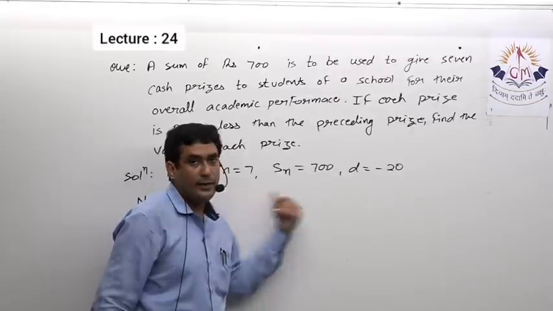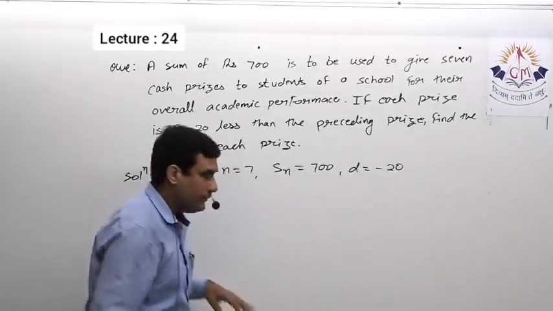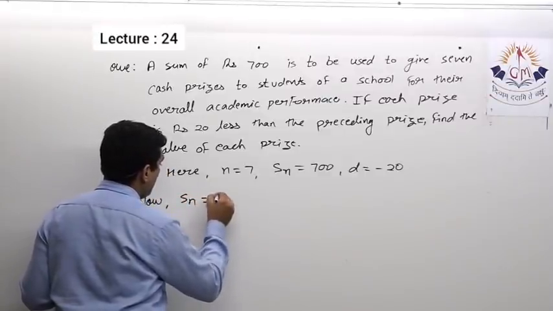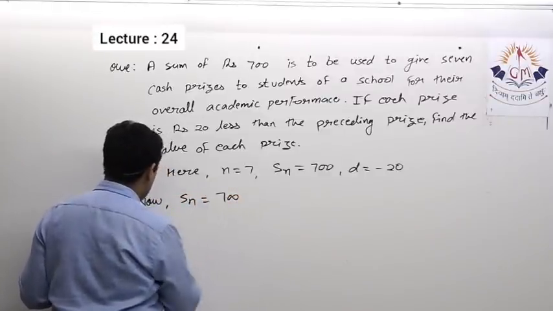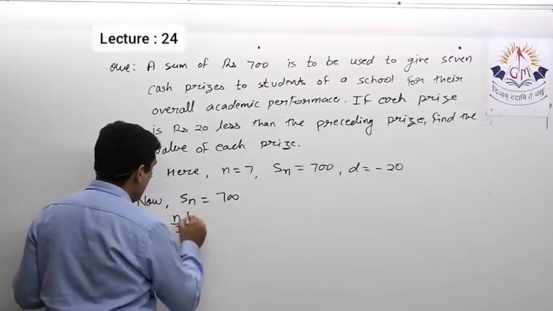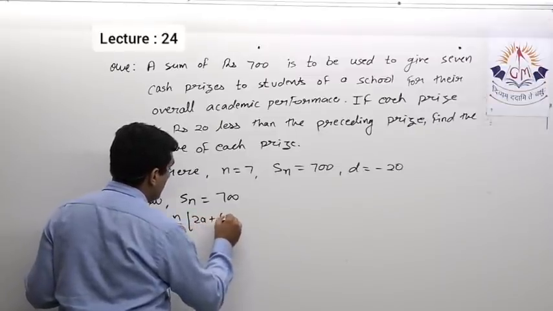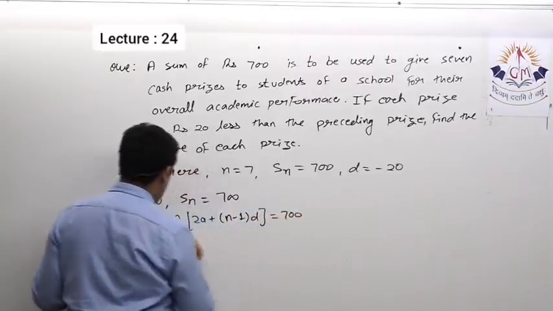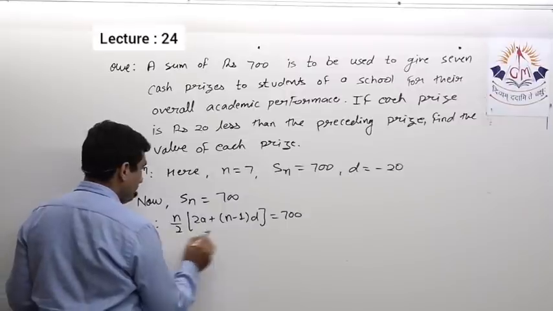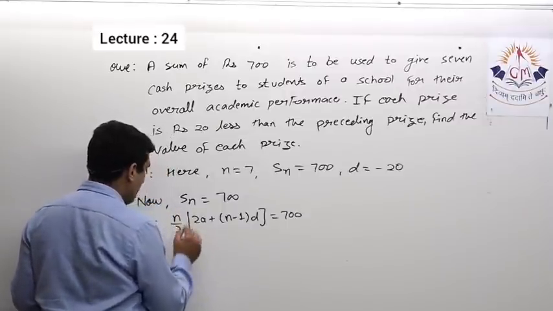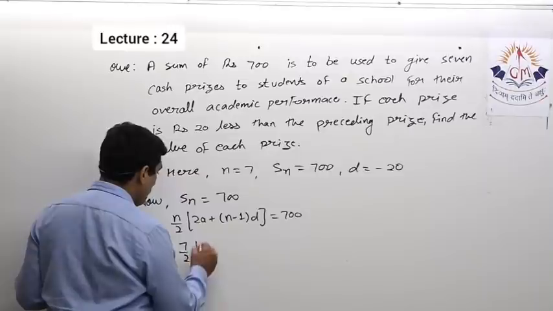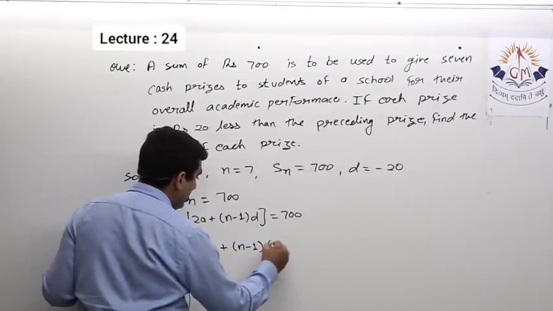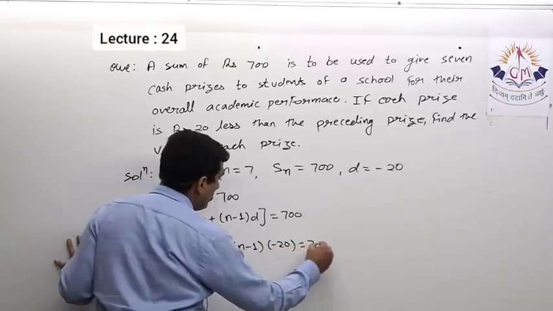We have N, we have D, so we'll be able to get the value of A. Sn is equal to 700, therefore N by 2 into 2A plus N minus 1 into D is equal to 700. N is 7, so 7 by 2, 2 into A plus N minus 1 into minus 20 is equal to 700.